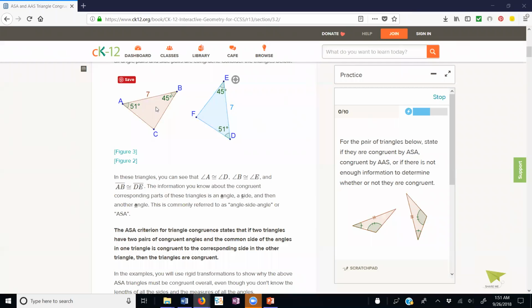In this particular figure, we have a 51-degree angle, a 45-degree angle, and contained between those two angles is a length of 7. In the other triangle, we also have 51 degrees and 45 degrees with the segment between the given angles as 7.